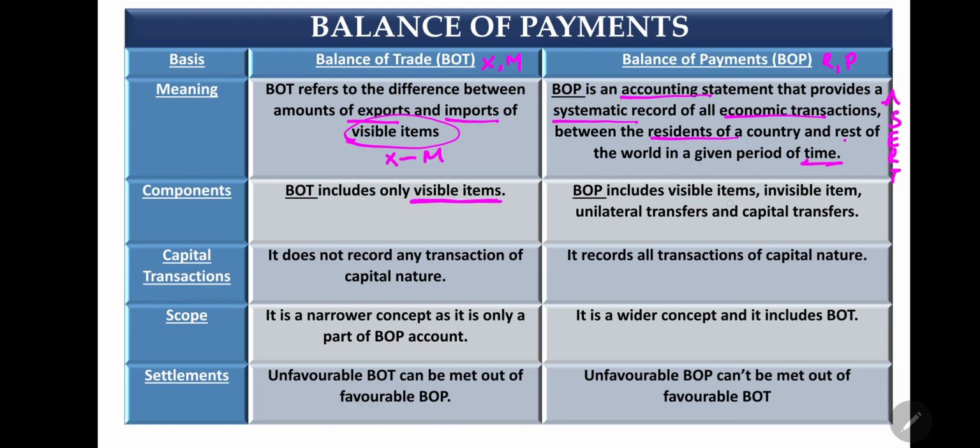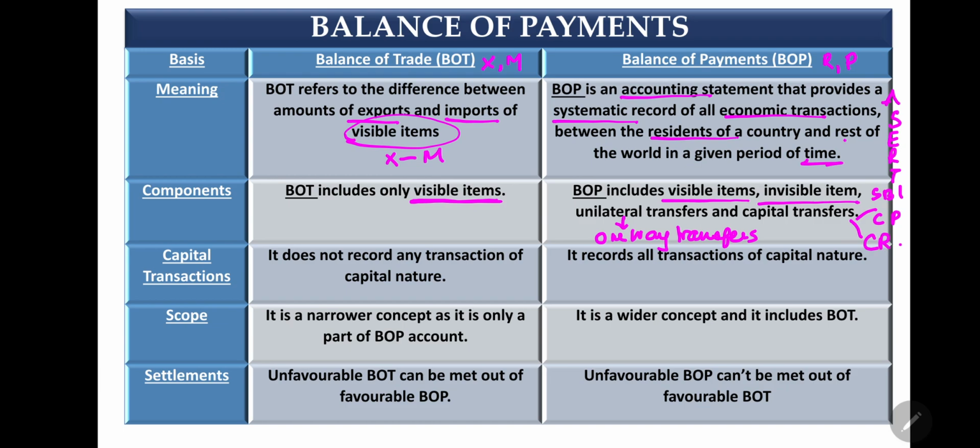But balance of payment includes all the four categories: visible items, invisible items, just to remember SBI: shipping, banking and insurance, unilateral transfers, one-way transfers, and capital transfers, which includes two components: capital payments and capital receipts.